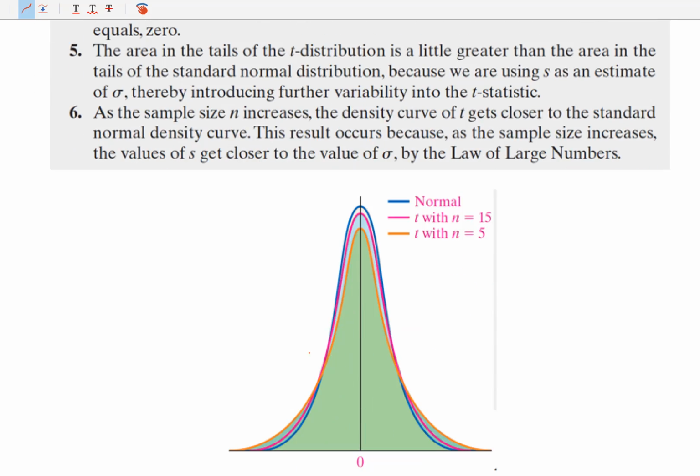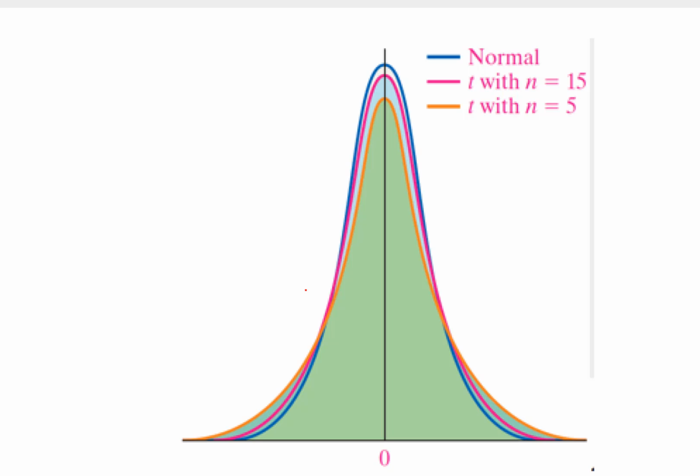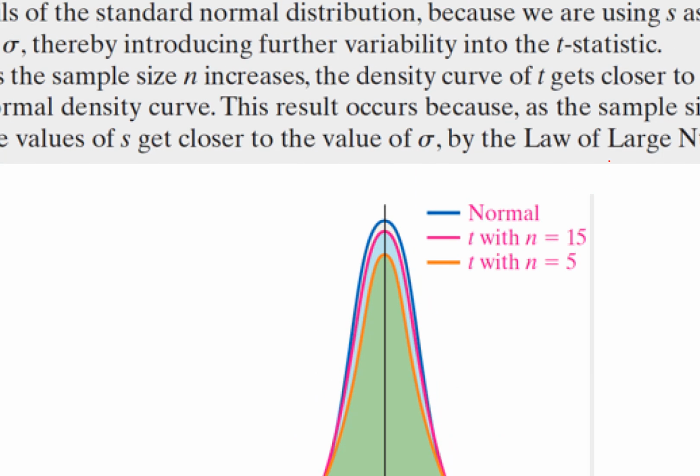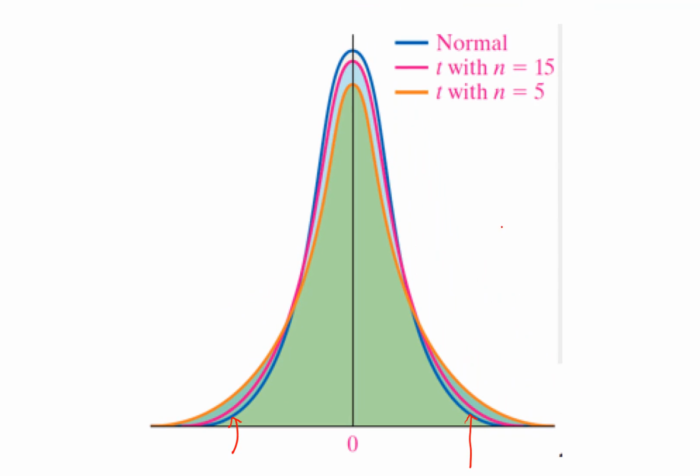And so here's a graph that kind of illustrates how the t-distribution in theory matches up with the normal. The normal curve is the one that's in blue. And so you can see in the tails of the distribution, the normal curve is at the bottom, meaning less area as you're further away from 0. The yellow curve is students' t-distribution with n is 5.